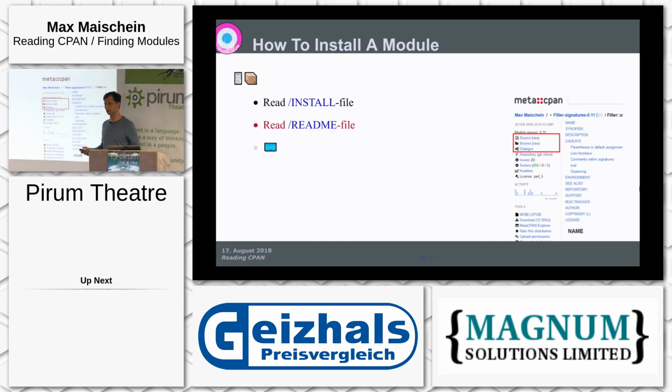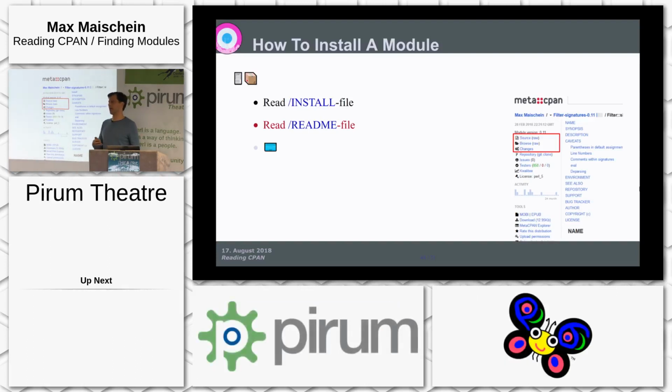Install this by launching CPAN and then type install module name, which isn't bad, but I would find it much better if there was a way for module authors to actually link to their installation information for this module. But yeah.